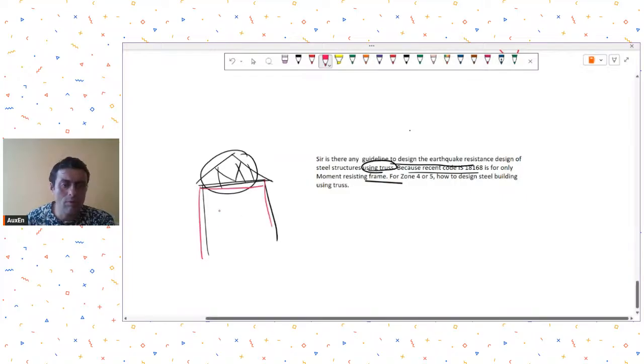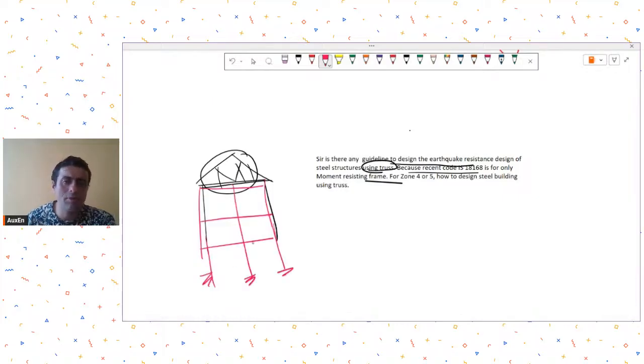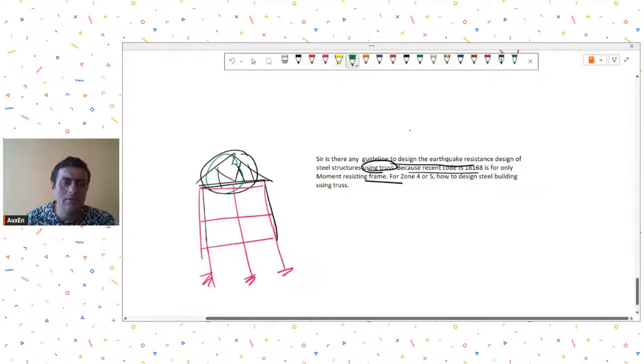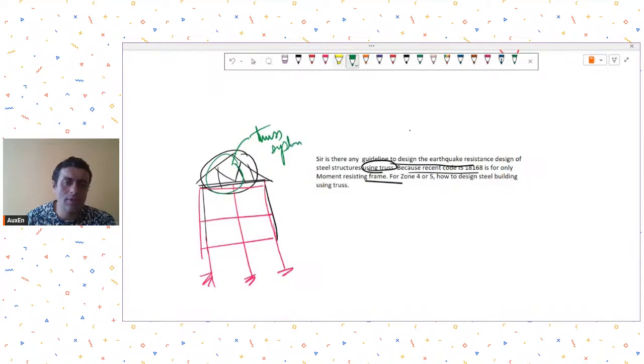So you have your moment frames at the lower levels. Let's say this magenta thing is all your moment frames, for which sufficient guidelines have been provided in the code. And this is an independent truss system that you are putting on top of your frame. This truss system need not be part of your lateral load resisting system anyway, because there is not much self weight or imposed load on the truss, so it is not going to provide a lot of lateral load resistance.